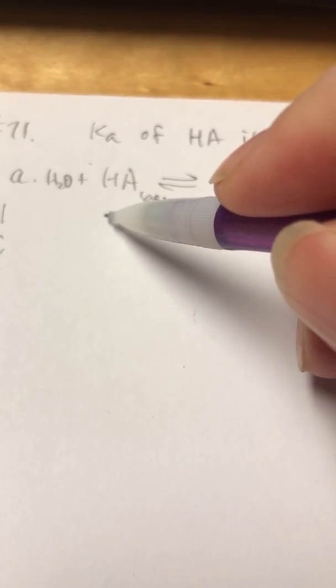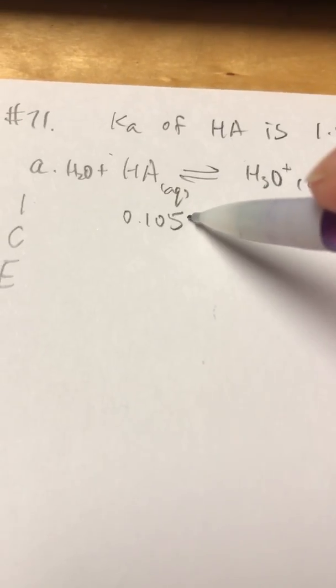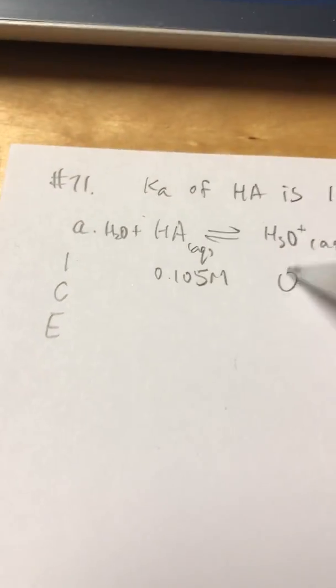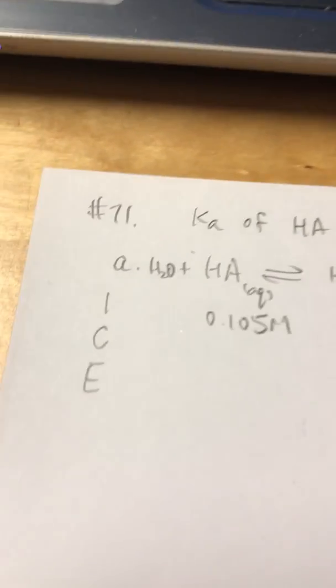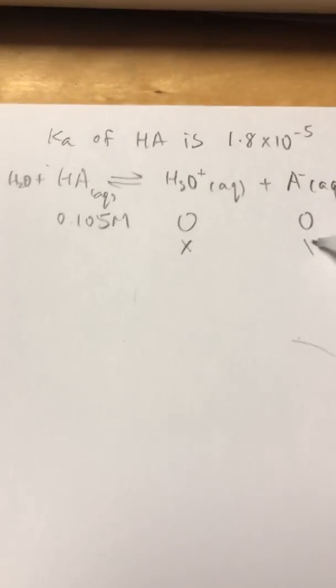Initially 0.105 molar, and 0, 0 at the beginning. The change would be negative x, and x, x. Then at equilibrium, you simply add the initial and the change.